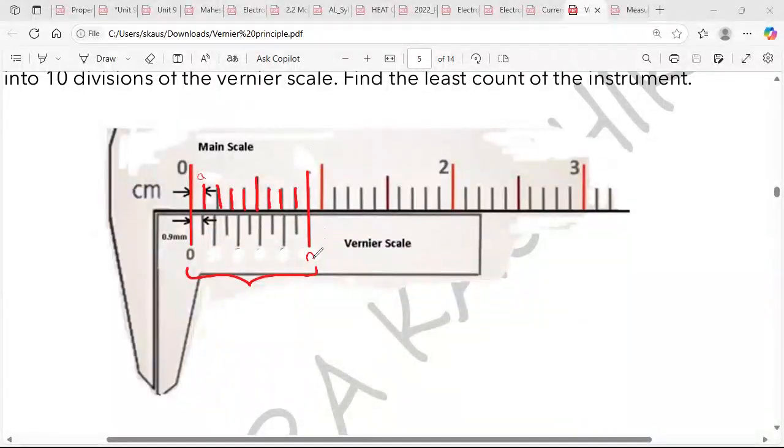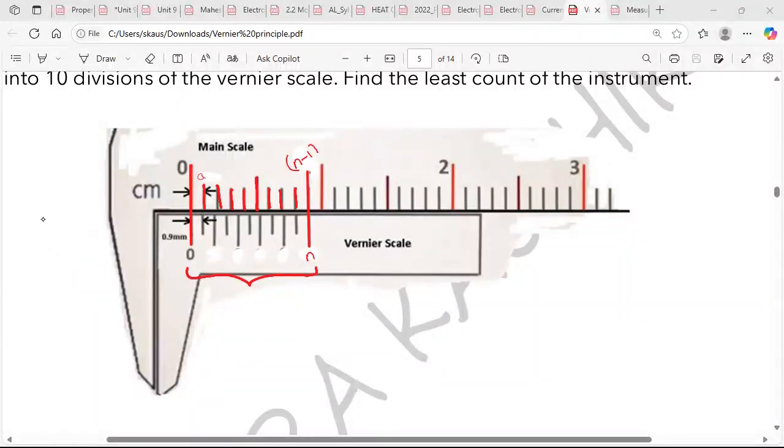Right? If n divisions are here, it's like 10. Here it's 10 divisions, and on the main scale it was 1, 2, 3, 4, 5, 6, 7, 8, 9. That is, if it's 10, it's 9. That means if it's n, it's n minus 1. So n minus 1 divisions of the main scale are divided into n divisions of the Vernier scale. That's 9 millimeters divided into 10 divisions of the Vernier scale.